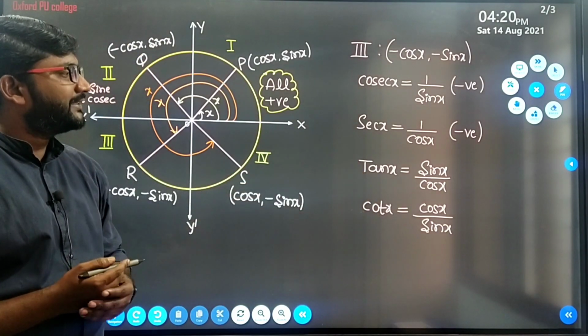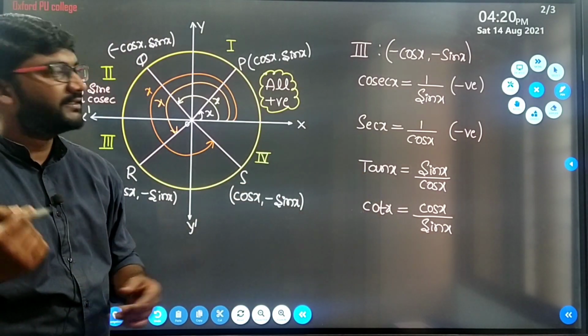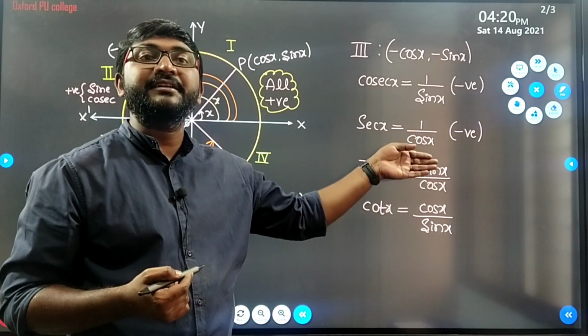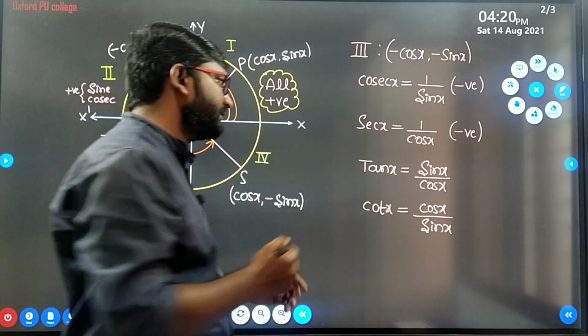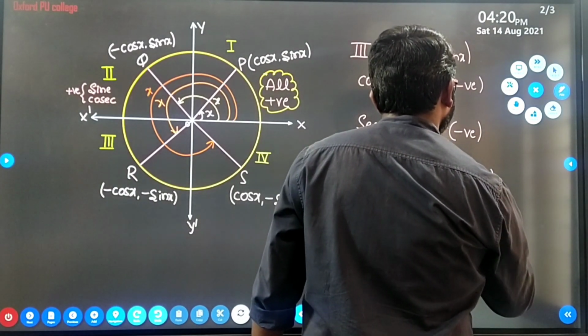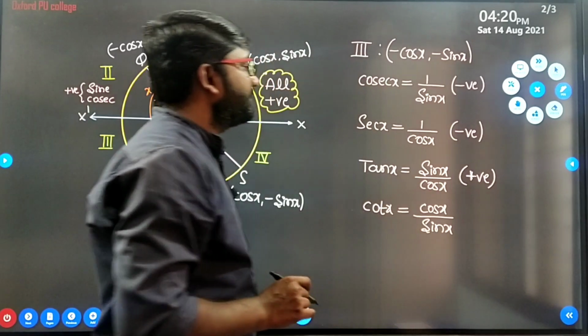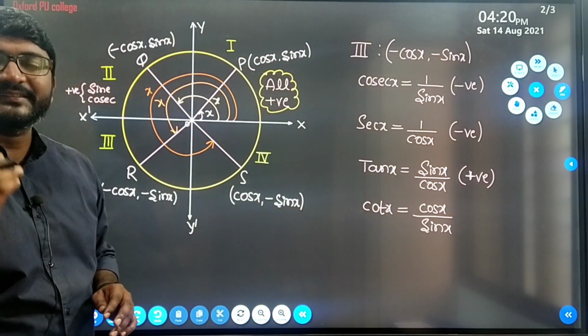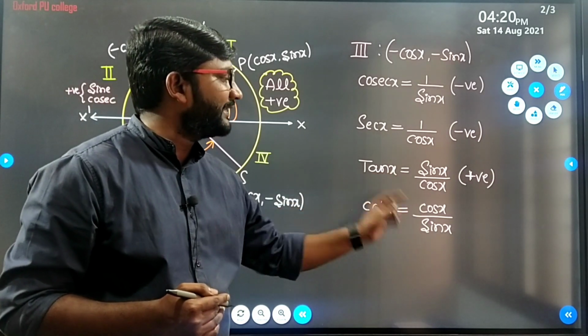Now come to tan x. Tan x is nothing but sin x by cos x. Sin x is negative, cos x is also negative. Minus by minus it will be plus. So tan x is going to be positive in the third quadrant. Now see the next one, cot x. Cos x by sin x. Cos x is negative and sin x is negative.